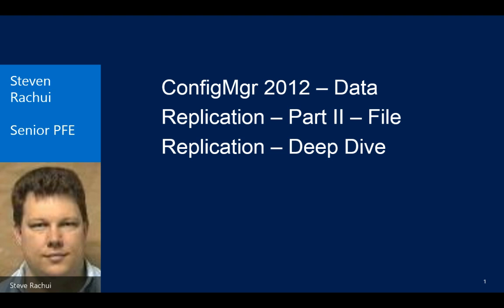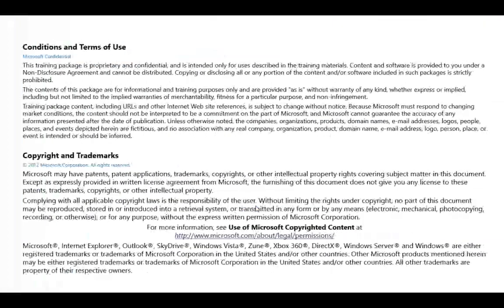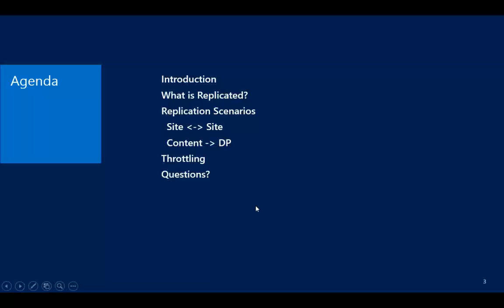The first is file-based replication, and the second being Config Manager SQL replication. So this is part 2, and here we're going to do a deep dive into file-based replication, and then in part 3 we'll go into specifically Config Manager SQL replication.